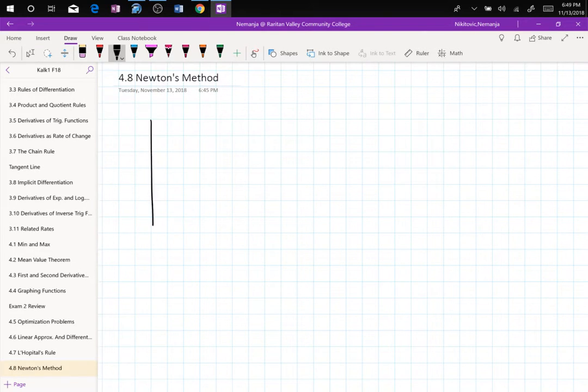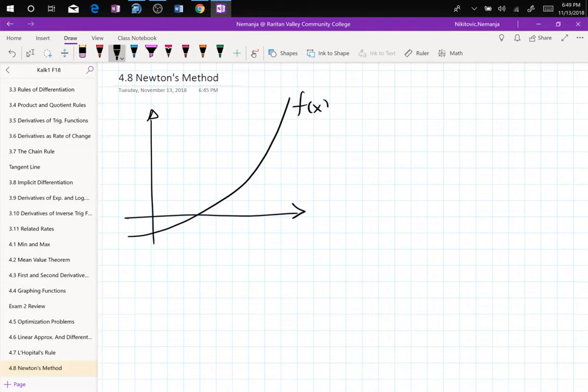It has a very interesting method to it. Let's say that you have some function, f of x, and this is the unknown root. Root is where the function hits the x-axis, or goes through it, right?